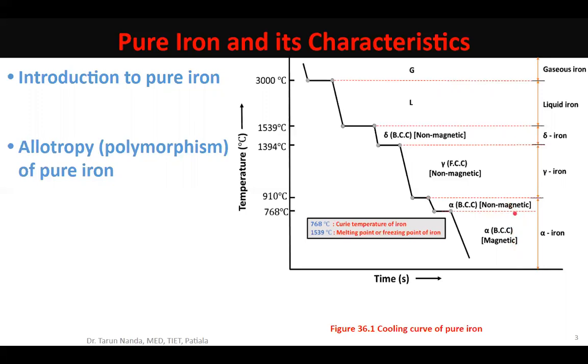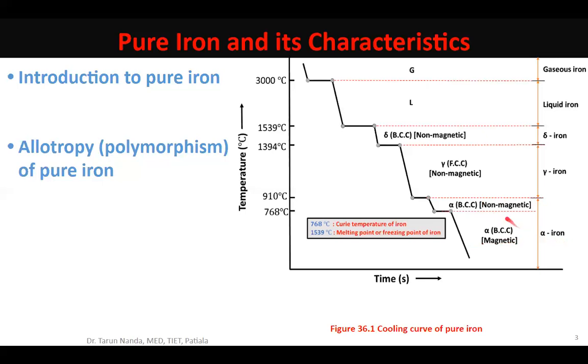So this iron which exists between 768 to 910 is again BCC crystal form only, but it represents a significant physical change, that it has changed now to non-magnetic character. But magnetism is a physical property and it's not considered a phase change if the magnetic character of a material changes. So right from 0 till 910 we have only one phase in iron called the alpha phase, and the iron as such is called alpha iron.